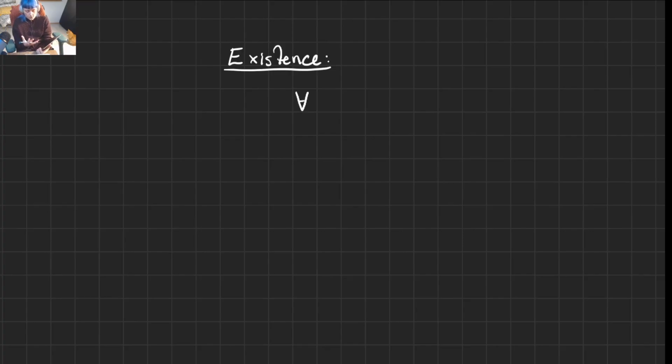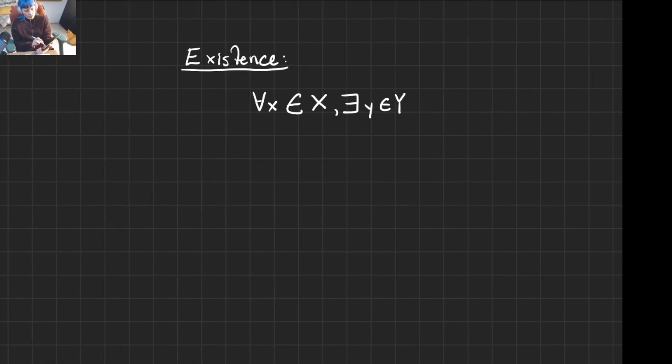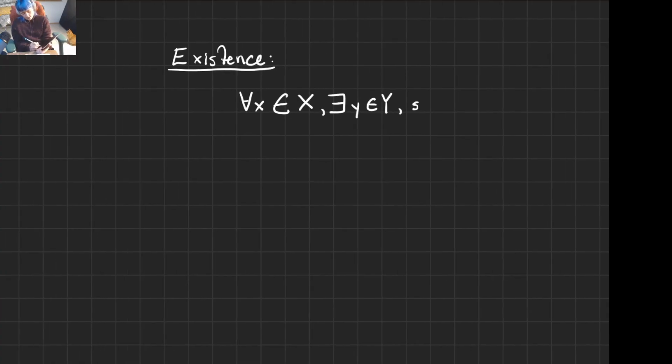So we say that if a mathematical relation exists, then for every x that exists in the domain x, there exists at least one y in the range, such that f of x is equal to y.